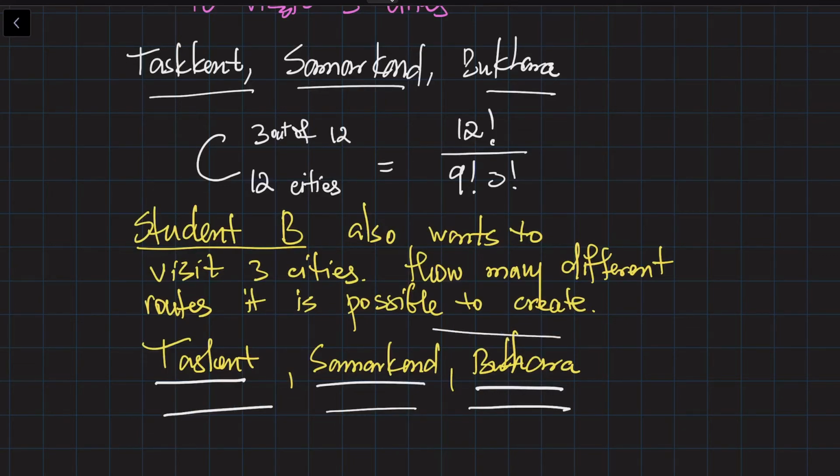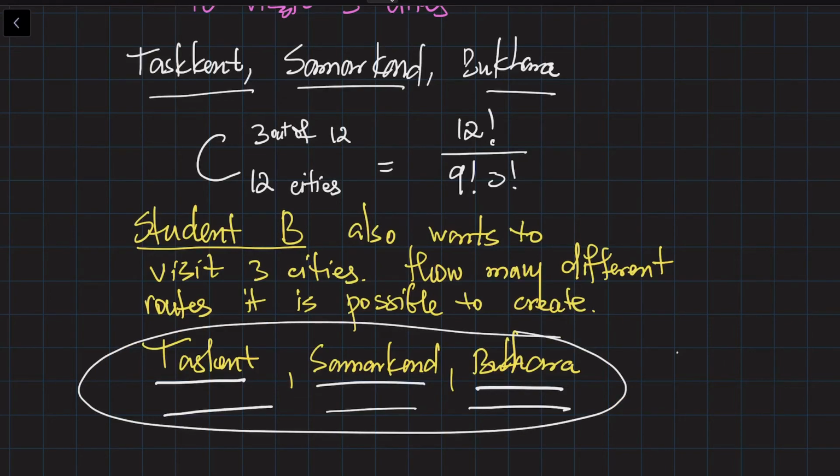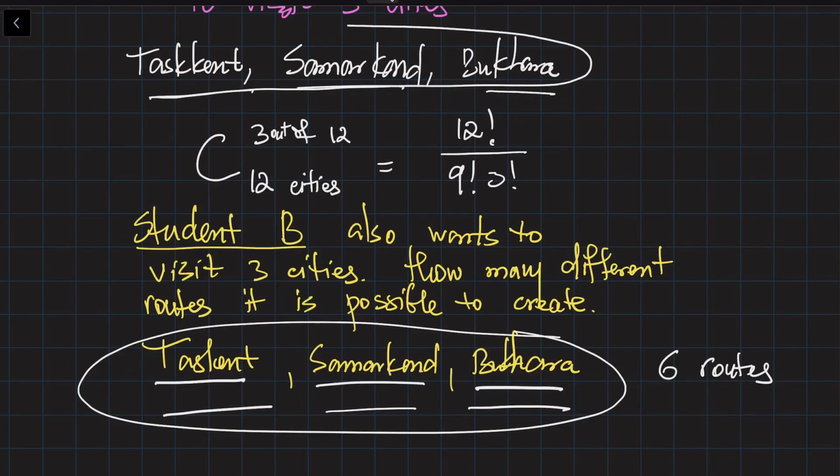So for every 3 cities, there are 6 different routes. While if student A just chooses the 3 cities, there is only one list of cities, right?